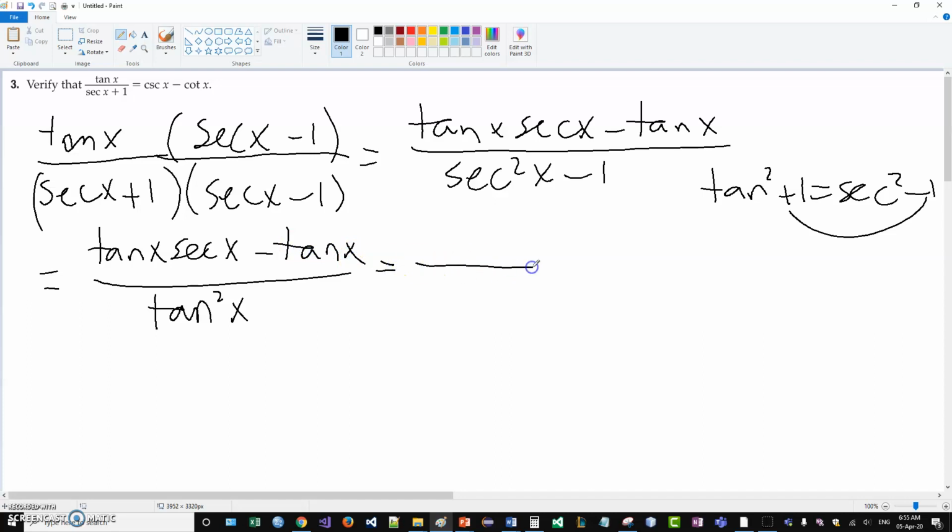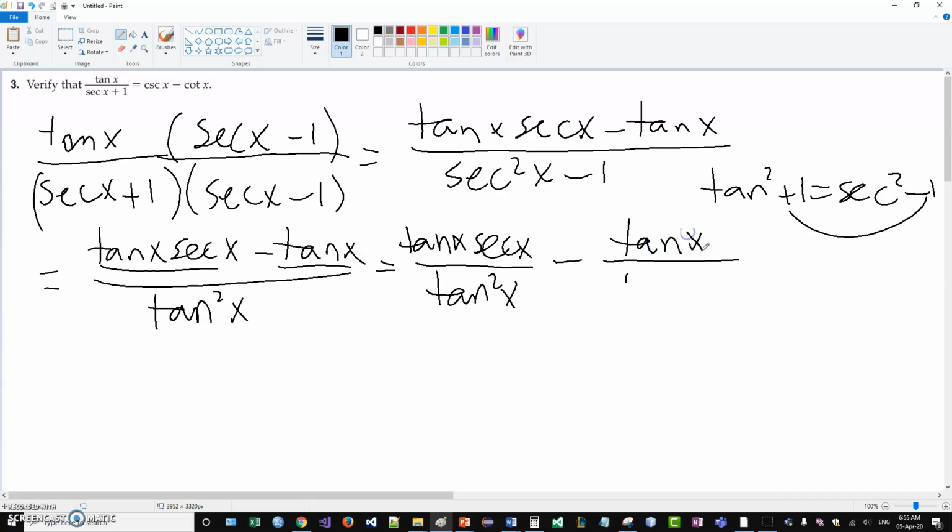We can divide each term in the numerator by the denominator. So we have tangent x secant x over tangent square x minus tangent x over tangent square x.